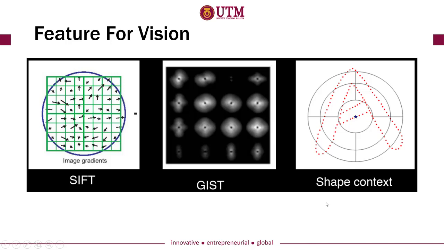It's called a shape based feature because the numbers provided by shape context represent the shape of the region of interest, while GIST and SIFT represent the texture of the image, meaning the output is the figures that represent the texture.